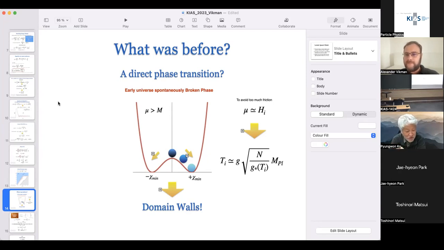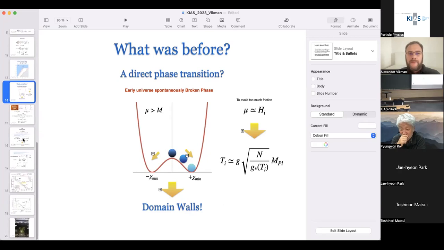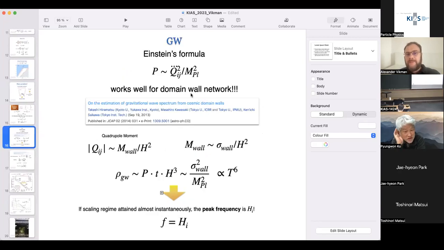Could you, maybe this is too naive a question, explain a little bit about the mechanism of gravitational wave production from the domain walls? It's basically a time-dependent quadrupole moment. It's actually really striking that this mechanism works. The normal Einstein formula, the quadrupole third derivative squared, gives you, roughly speaking, the power.